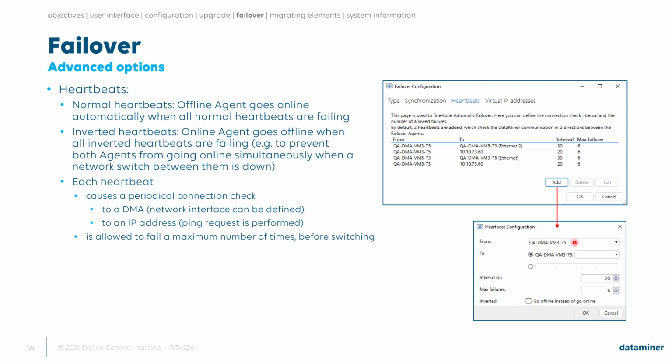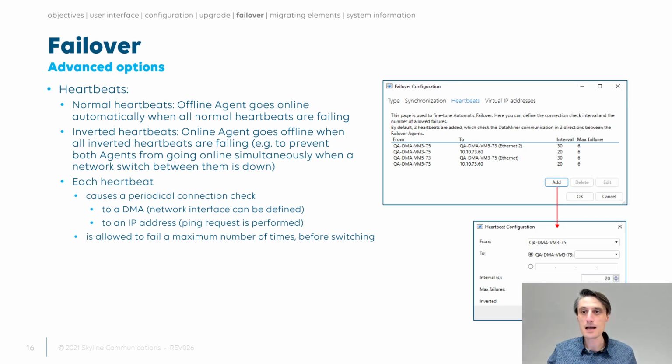So if the first agent checks the other agent, that's a regular one. If you check a switch somewhere, then you need to activate this go offline instead of online checkbox, the inverted checkbox. So between agents, it's just regular. Between an agent and some other network switch or domain controller, you have to check that inverted.